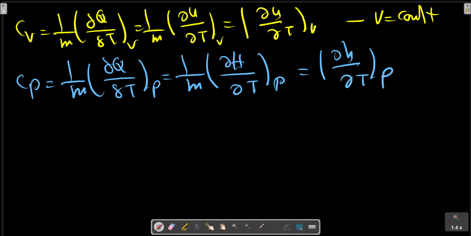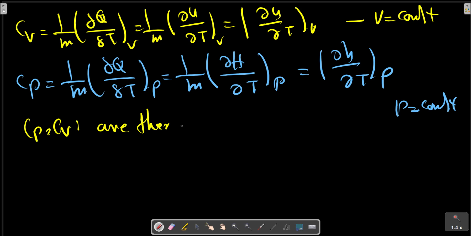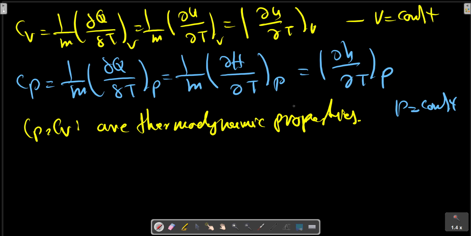From which we conclude that the constant volume and constant pressure specific heats must themselves be thermodynamic properties, because they are expressed as thermodynamic properties, as we said before.